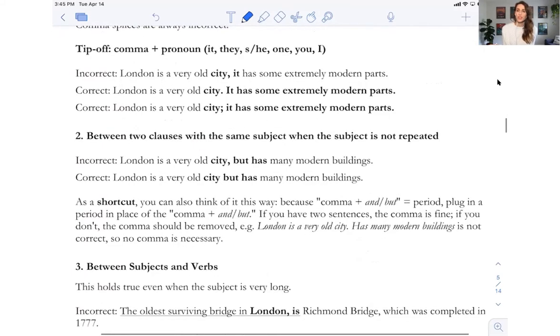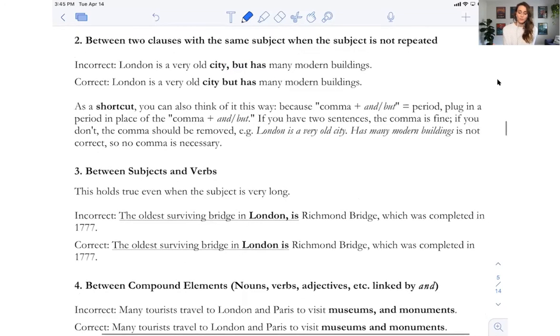You also generally don't want a comma right before a pronoun. So this right here is a tip-off, the comma "it." Be really careful of those. If you just see a comma and then a pronoun, they are probably telling you there's a comma splice, and you either need to replace it with a period or a semicolon or a comma and "and."